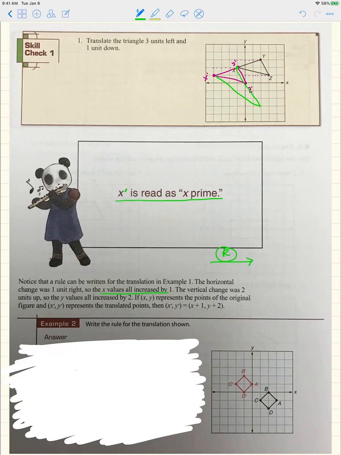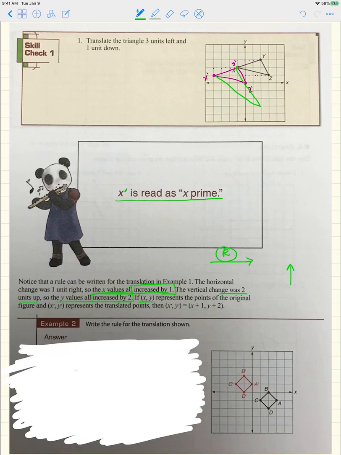So that means the values increased by 1. The vertical change was 2 units up. So the y values increased by 2. As we move up, we are getting positive, okay? As we move up, we're getting positive. So it's a positive 2 change, which is why the y values increased by 2.